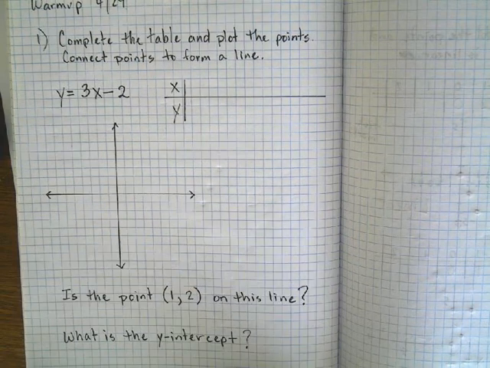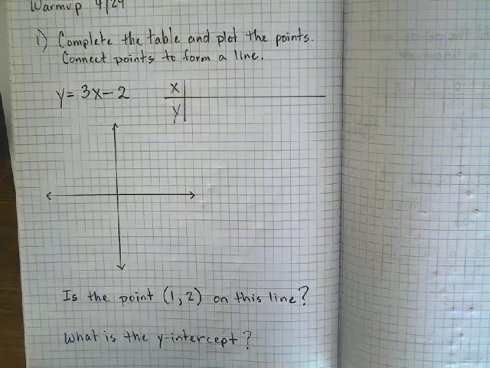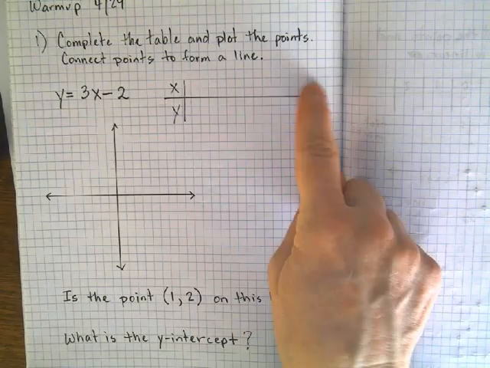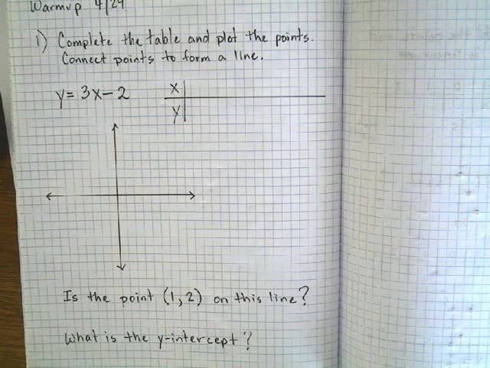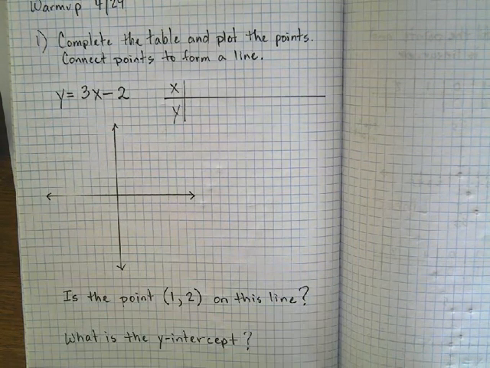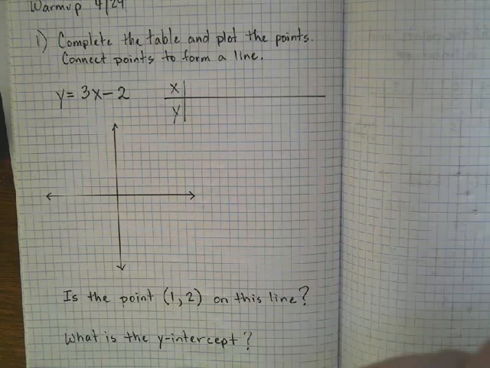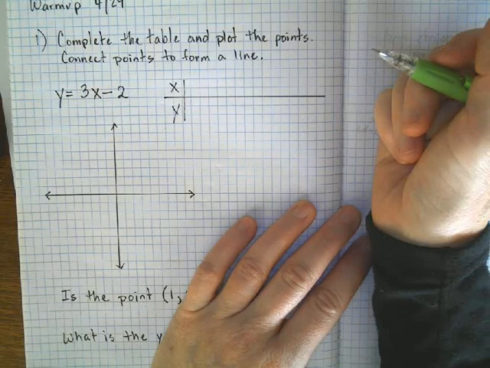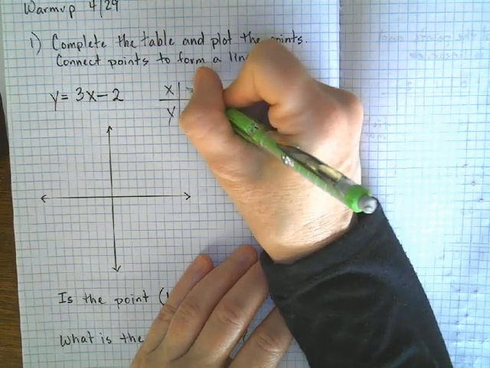Okay, so notice I didn't give you any x values. You actually get to choose whatever you want for x. The normal thing that we choose for x values is we start with a negative number and then count up to a positive number. I like to start with -2.